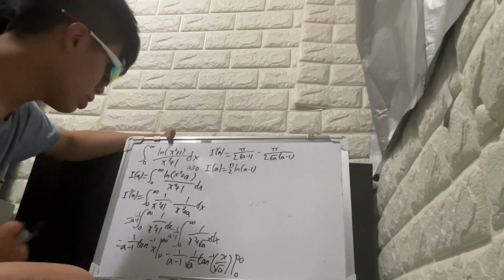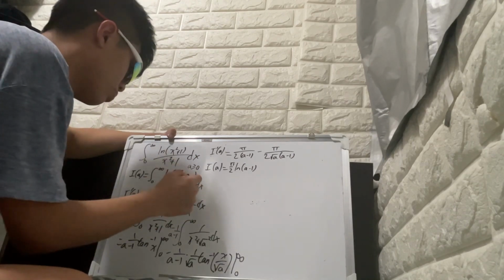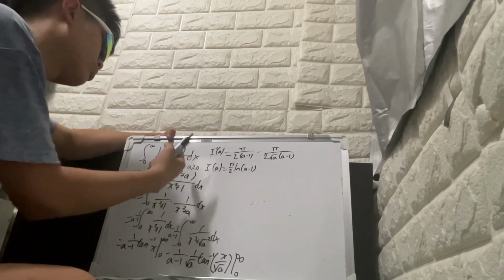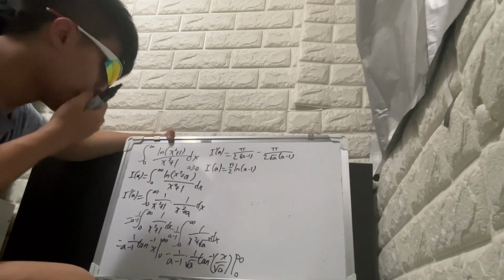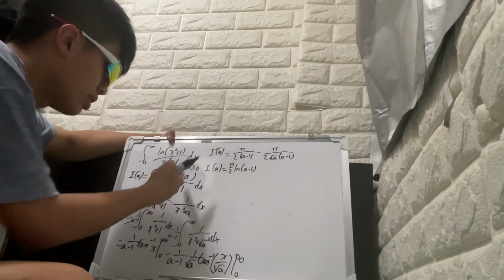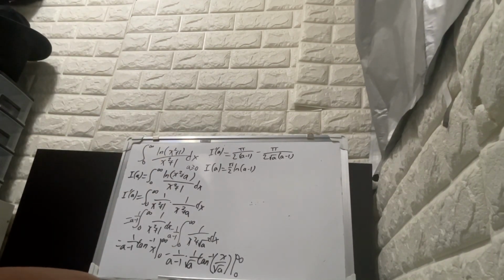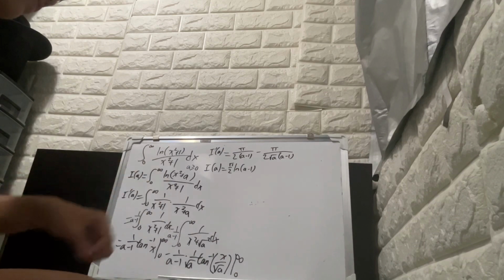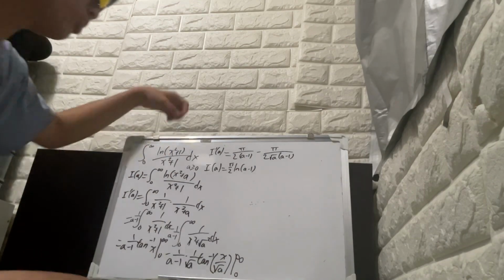So if you let I of a, put a here, you need to assume that a is greater than 0. So this time, because a is here, I don't think that if this is negative it will converge. So that's it. So let me just continue.